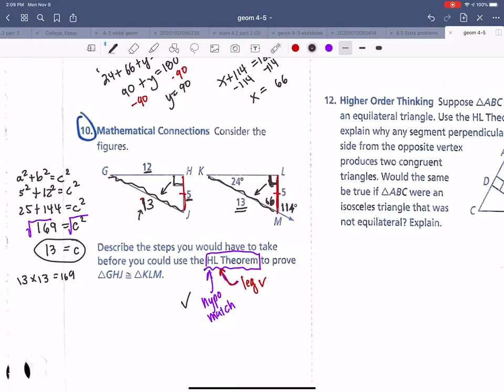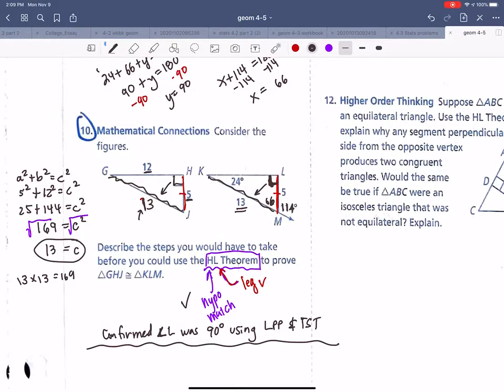Describe the steps. Oh boy, there were a lot of steps there. So I confirmed the angle L was 90 degrees using the linear pair postulate and the triangle sum theorem. I confirmed that this angle was a right angle. And what did I do next? I used the Pythagorean theorem to solve for this side, GJ, and I got 13.